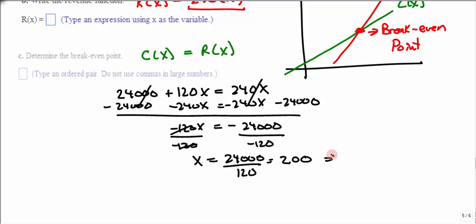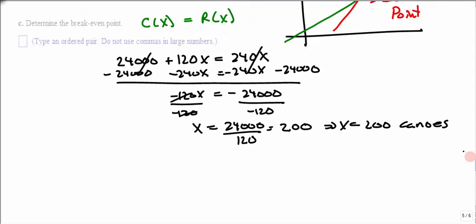So 200 canoes. When I sell 200 canoes, I'll finally have made enough money so for the 201st canoe, I will actually make money. I will have covered my costs and can start to make money. Now it asks, what does this break-even point mean? Well, you know what? First of all, let's back up a little bit.